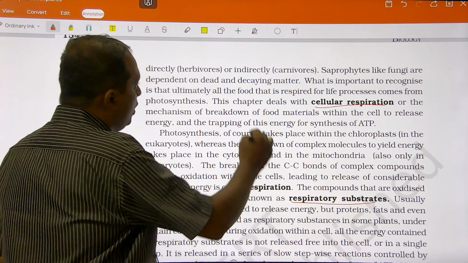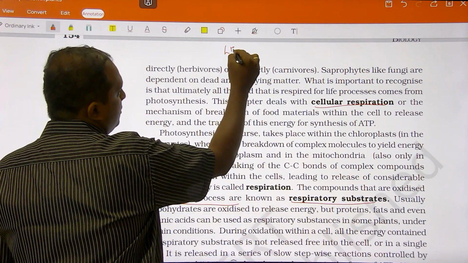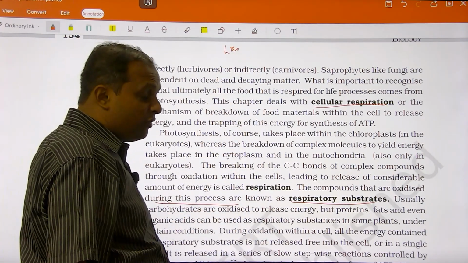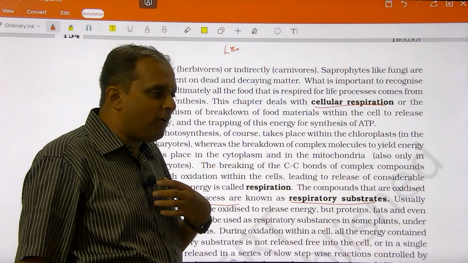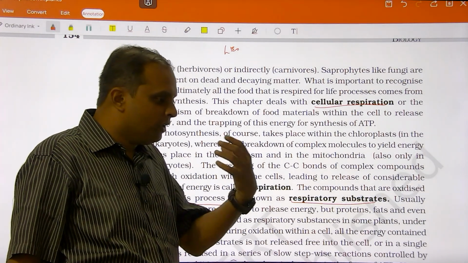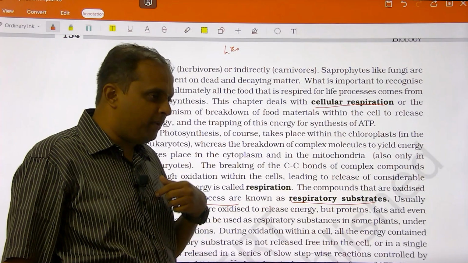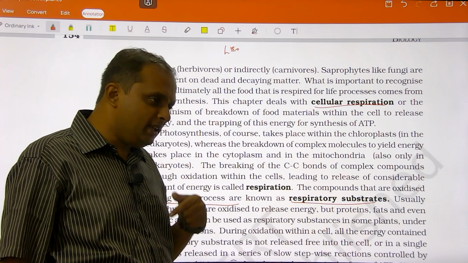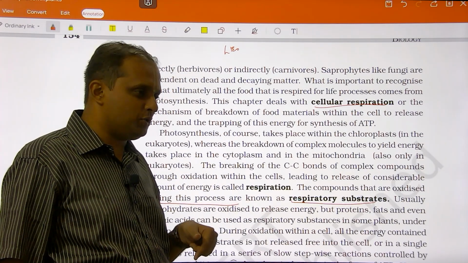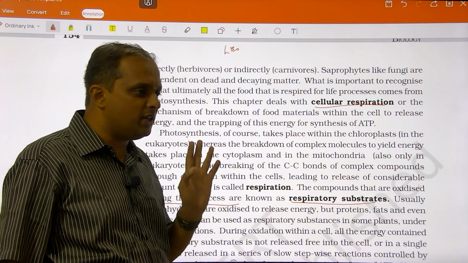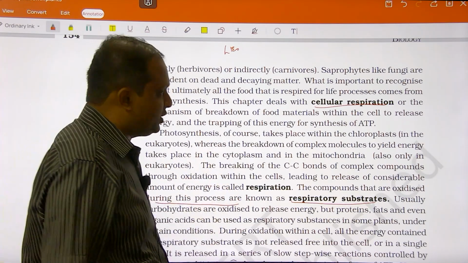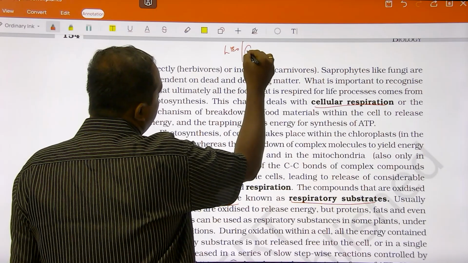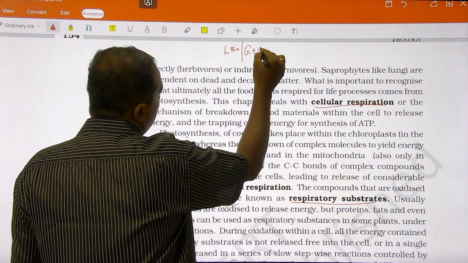What is LEO? Loss of electron is oxidation. If I am a compound and I lose the electron, I am getting oxidized. If I gain the electron, I am getting reduced. So you have LEO and GER. What is GER? Gain of electron is reduction.